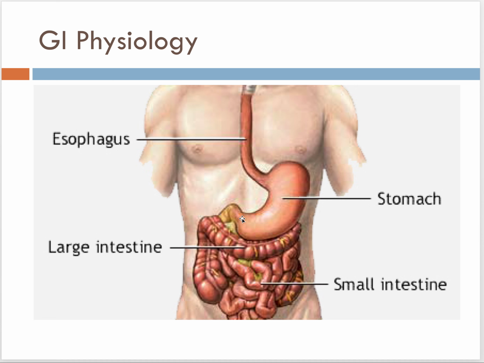And when it's time for that food to move on, the pylorus is going to let out small amounts of food at a time into the small intestine, beginning with the duodenum that we see connected to the stomach. And then the small intestine involves the other two parts that we'll talk about, the ileum, which then leads into the large intestine, which we can see has these large flexures there.